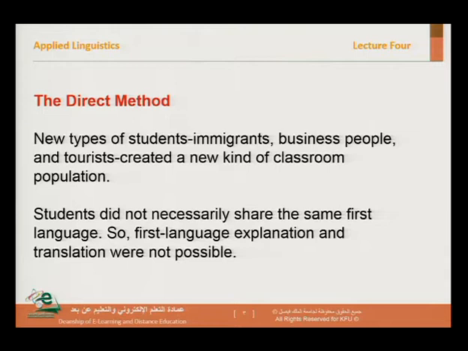This immigration made it important for them to learn English in order to communicate with that community. Other people, as we said, business people, were also among this group who learned English in order to do business.